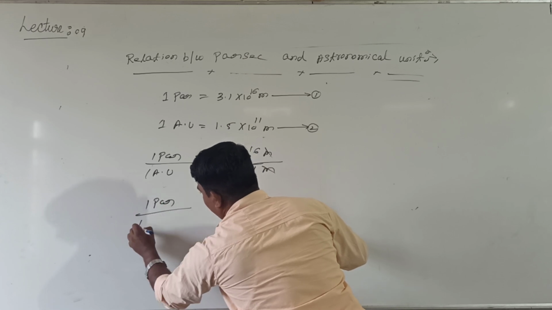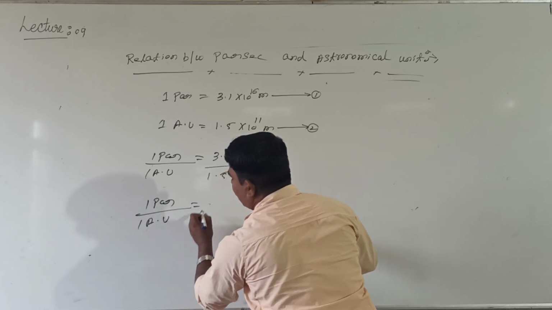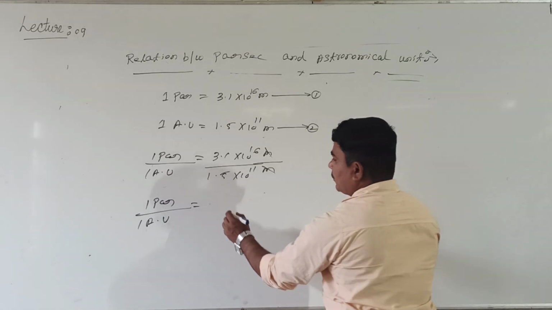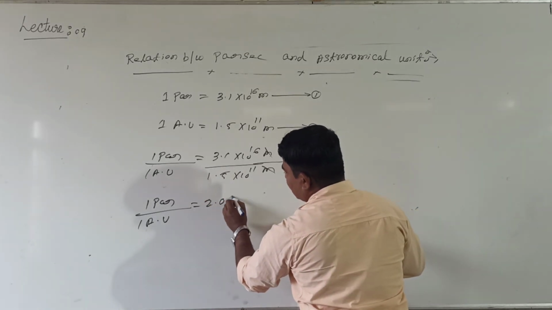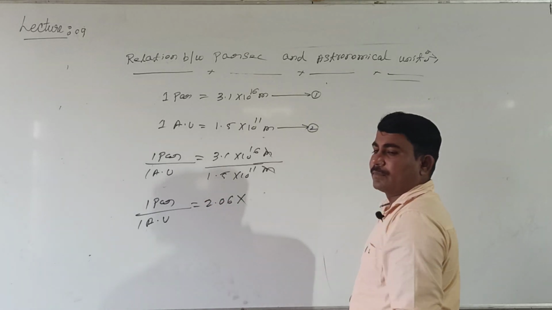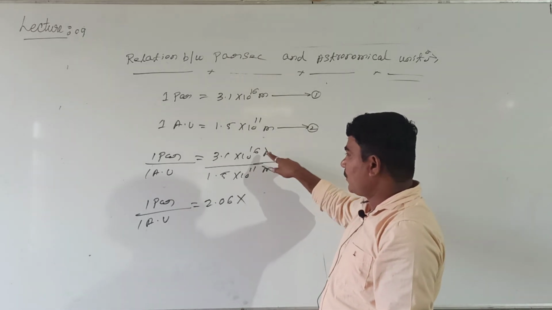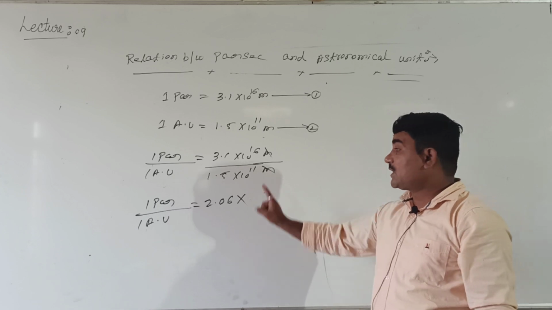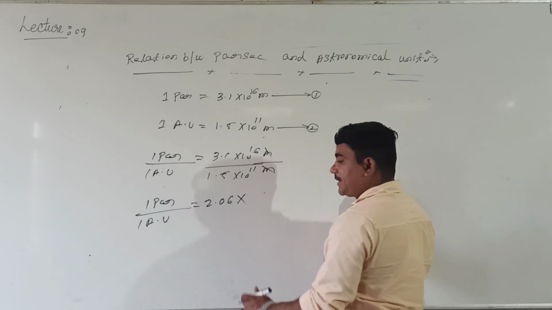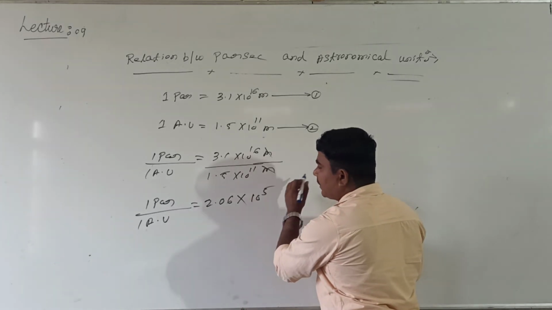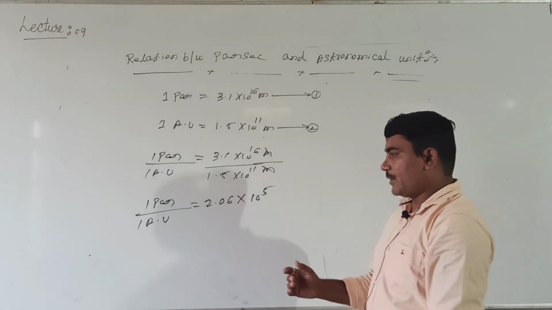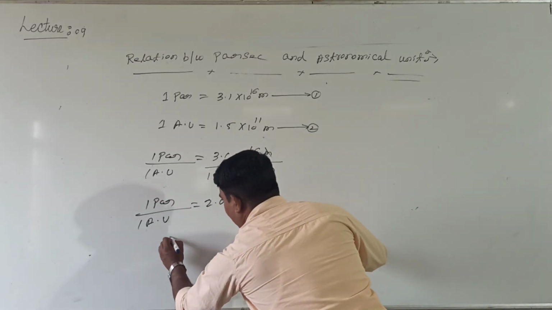Here 16 is there, here L1 is there, plus L1 goes upside, minus L1. 16 minus L1, that is plus 5, 10 raised to 5 is there.